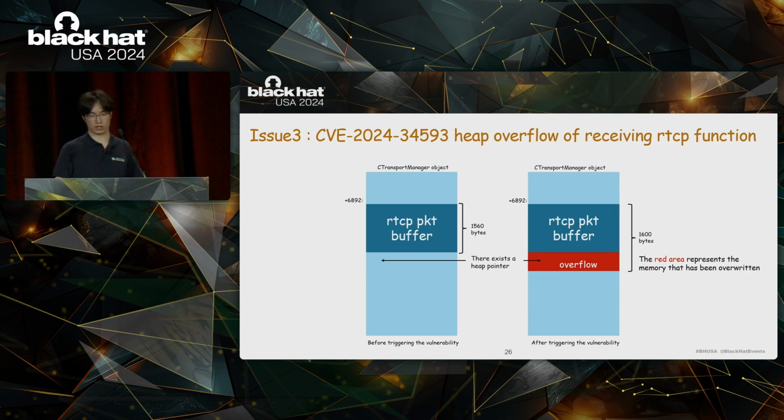It's worth mentioning that there's a pointer right after the RTCP packet buffer, and this pointer is frequently used. So sending a 1600-byte RTCP packet will overflow this pointer, and careless overwriting can cause a crash.